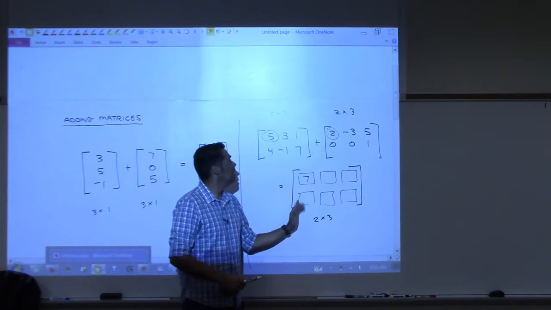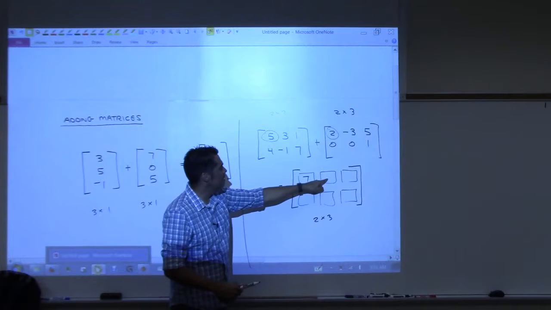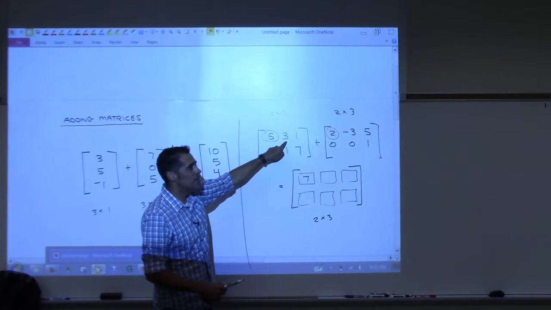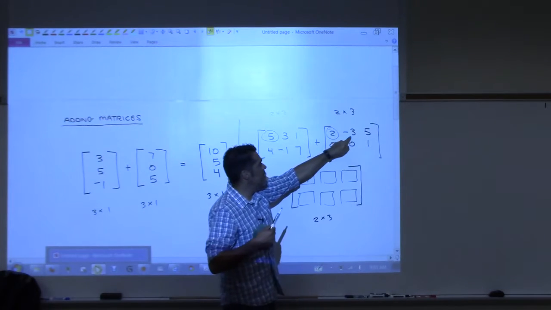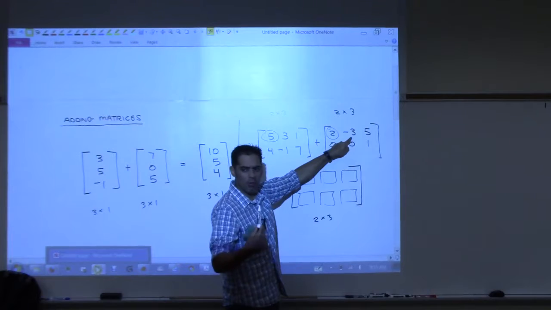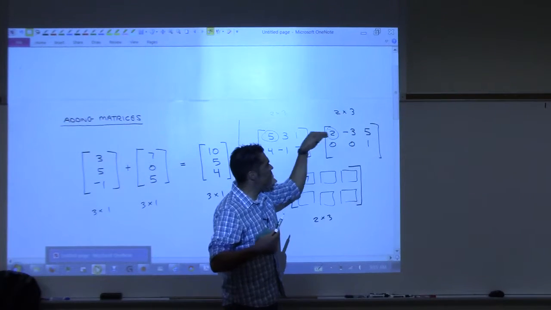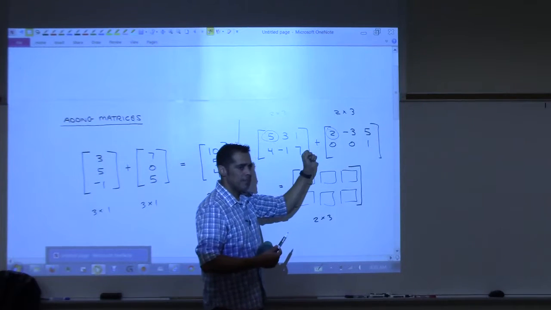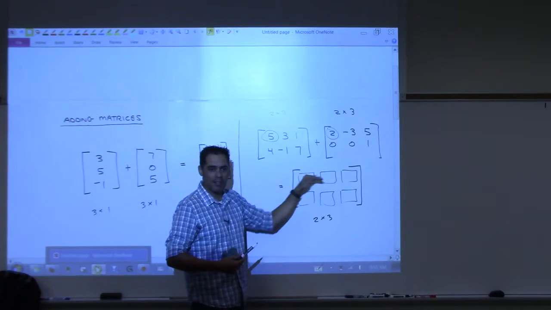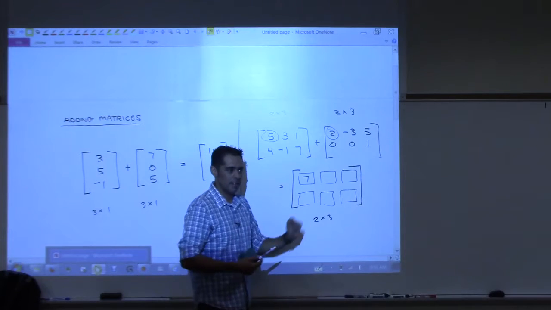Okay, so when I do the next one right here, I'm going to take the first row, second column. Always go row before column. First row, second column, first row, second column. Add those together, and that's going to be placed into the first row, second column.